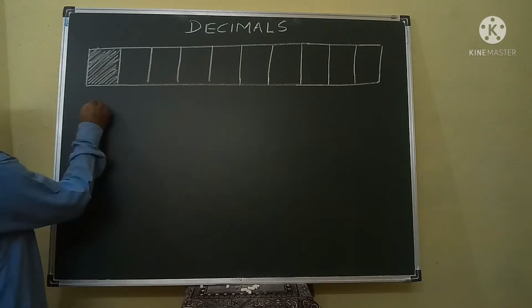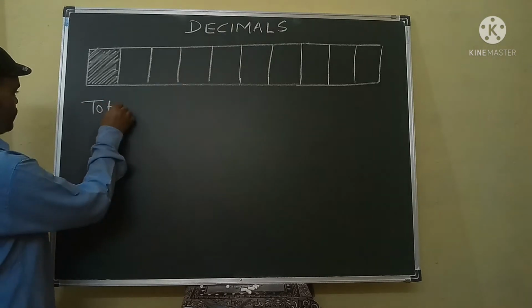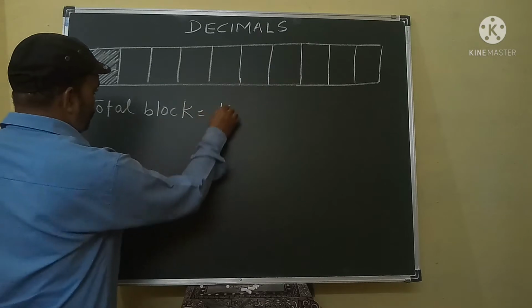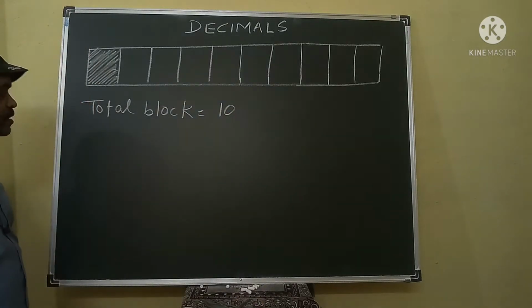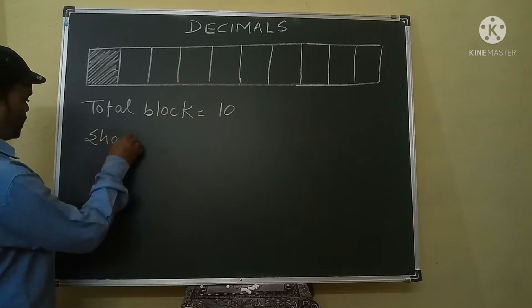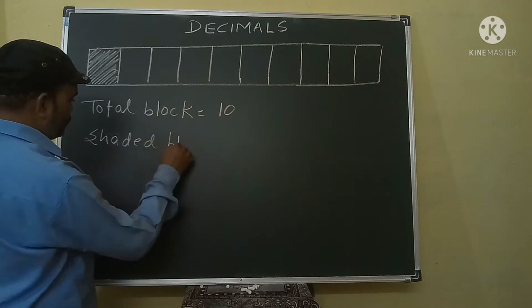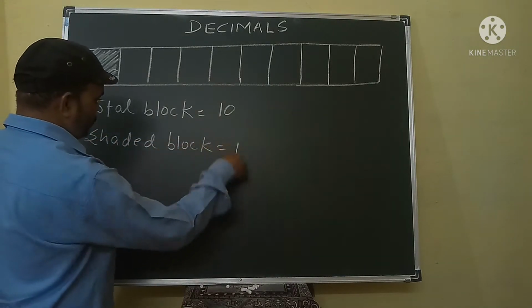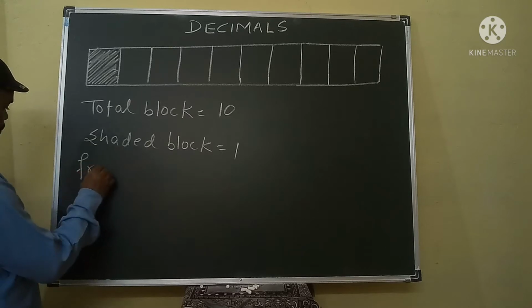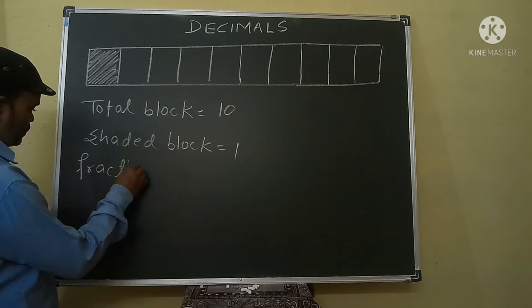That means the total number of blocks is 10, and the shaded block is only 1.